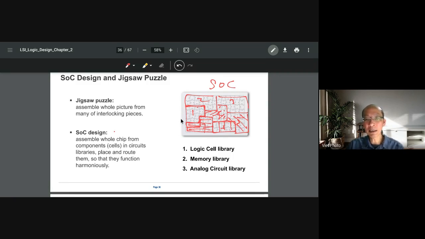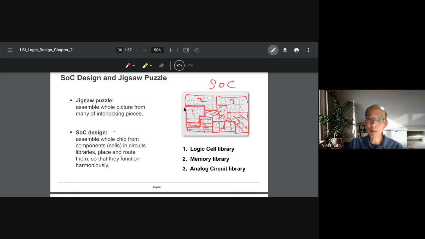But inside, the blocks will be like a puzzle, because each block is designed in a way that fits the requirements, and then they can fit into this shape.